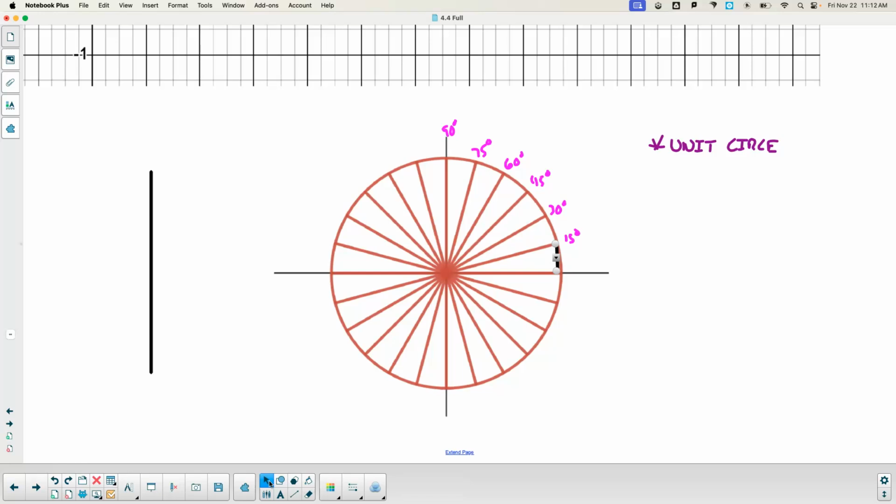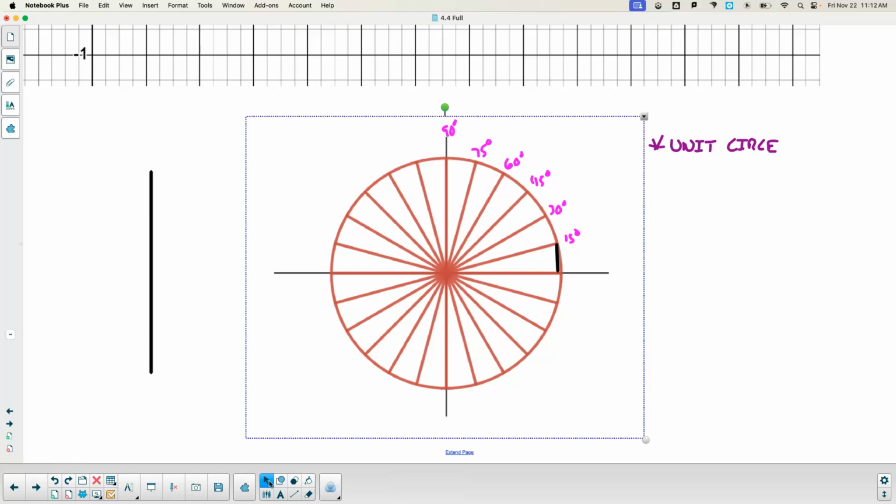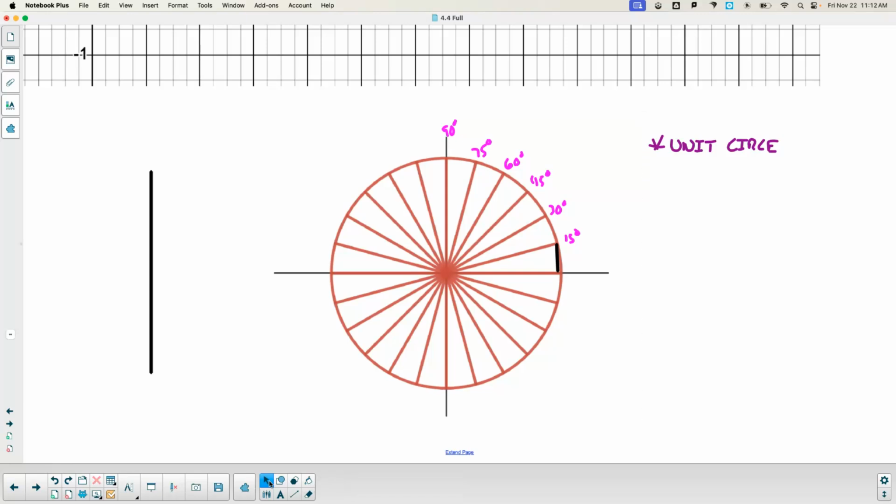One way of doing it. Another way is to take your whole piece of spaghetti and bring it over here, and either use your finger to measure it or make a little mark with your pencil on the spaghetti. One of the two.